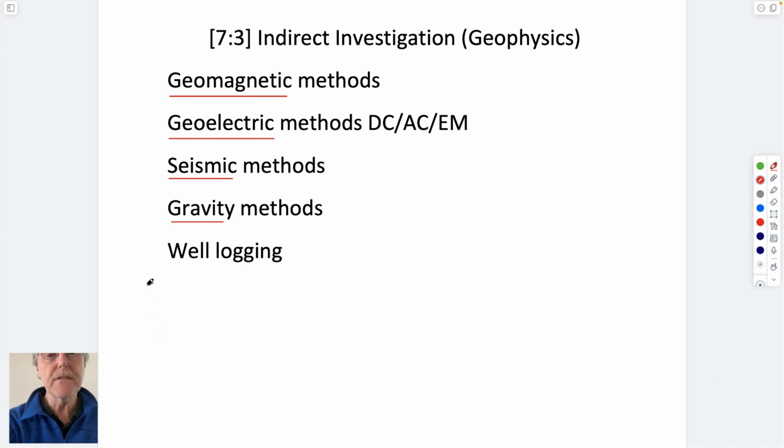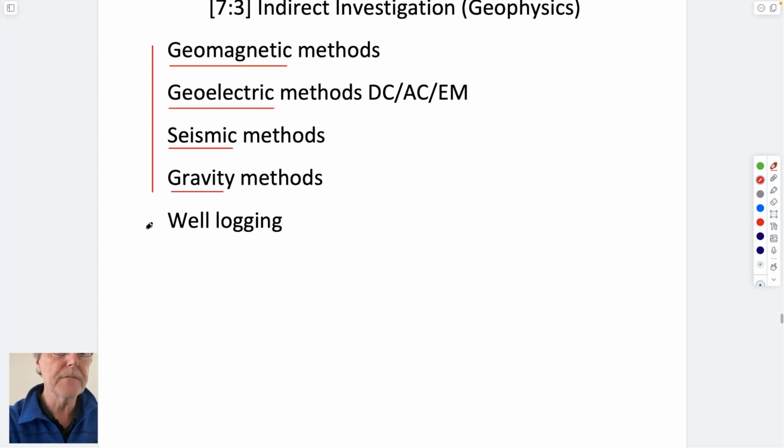Each of those can be used to fill in the complete subsurface, tied in by a few boreholes, as we saw earlier, and therefore construct a picture of exactly what's going on.